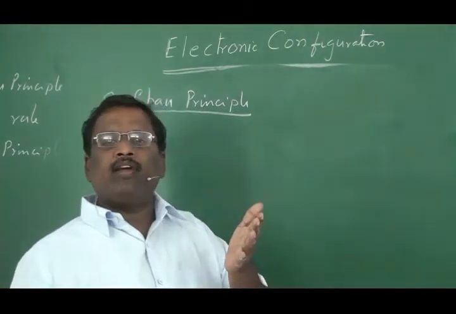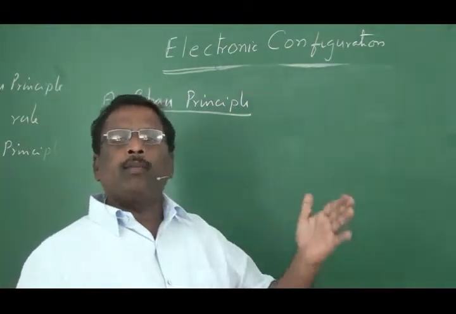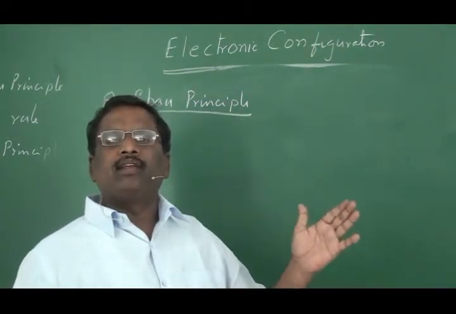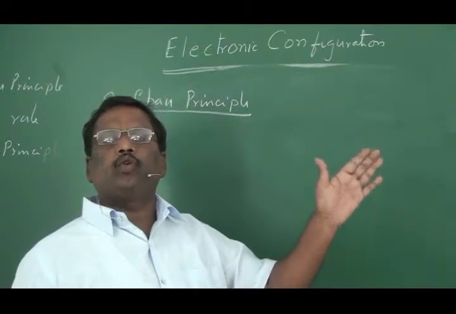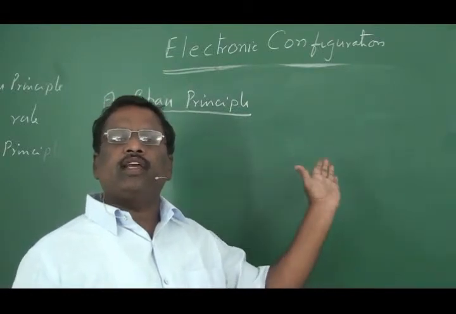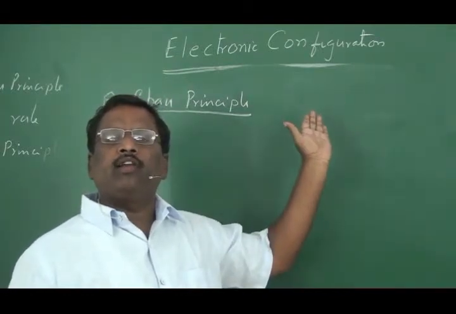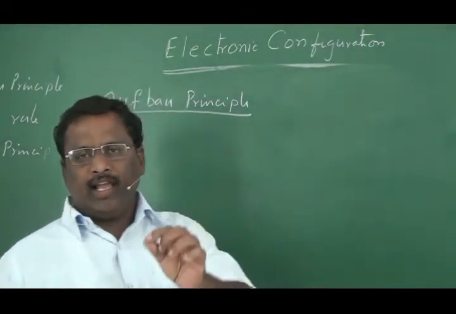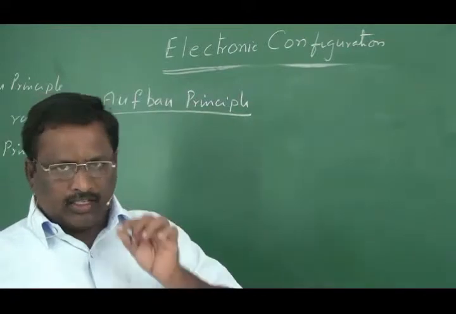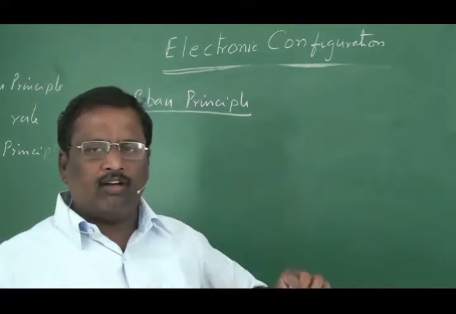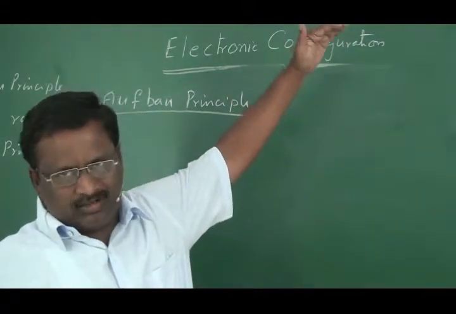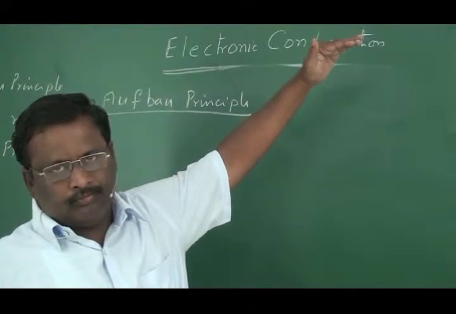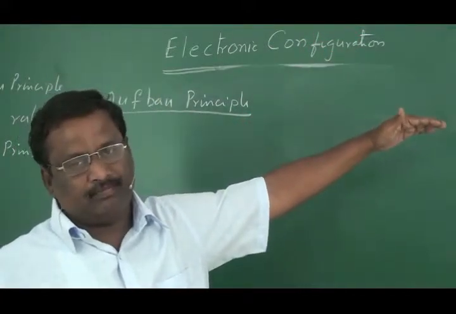In each energy level there are orbitals. In first energy level you have 1s, in second 2s and 2p, in third 3s, 3p, 3d, in fourth 4s, 4p, 4d, 4f. So though it has only one electron, that small atom will also have all these orbitals. That was proved by the hydrogen spectrum.